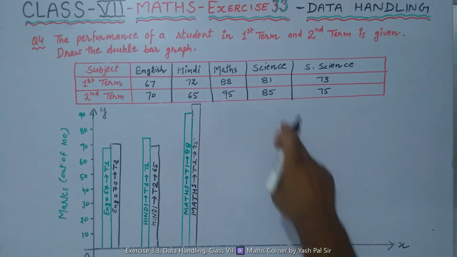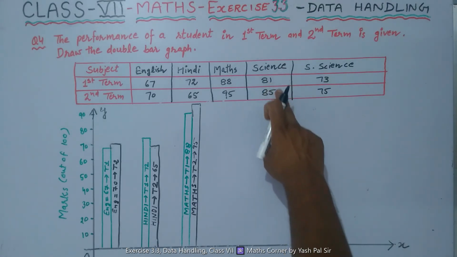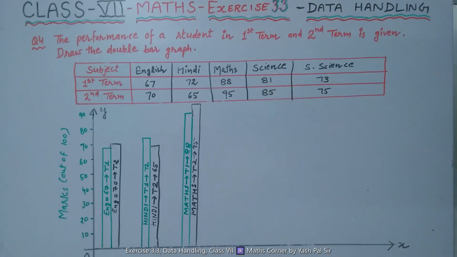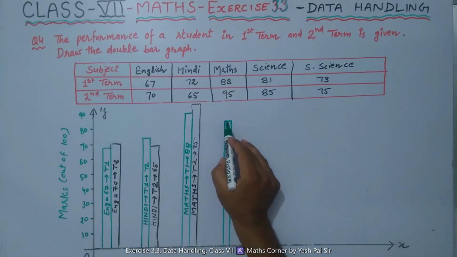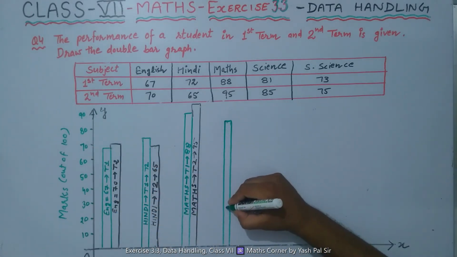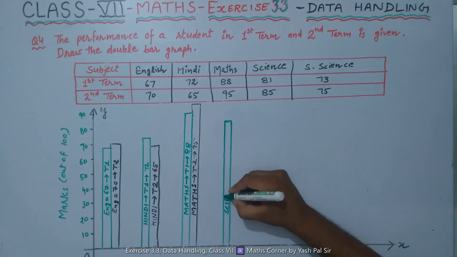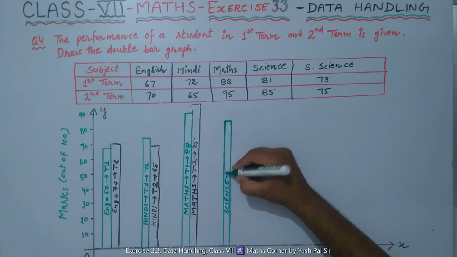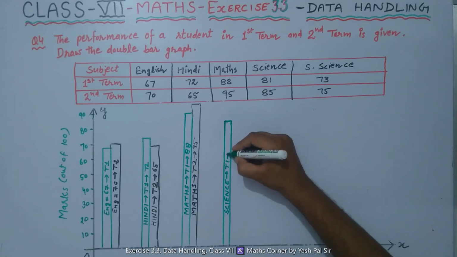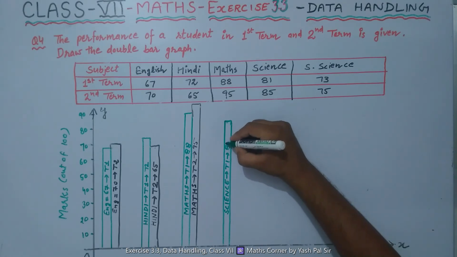Next we have science subject, 81 and 85. 81 is above 80. So we are talking about science, term 1, 81 marks.